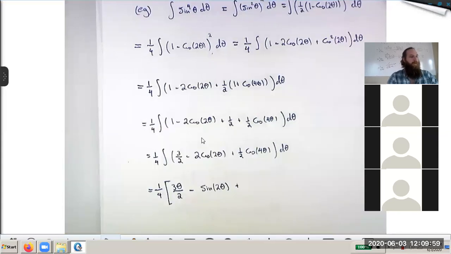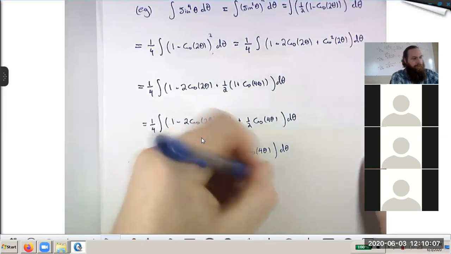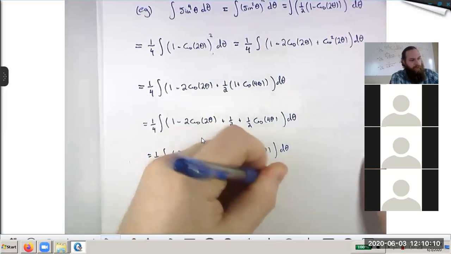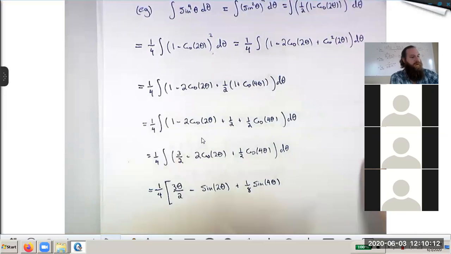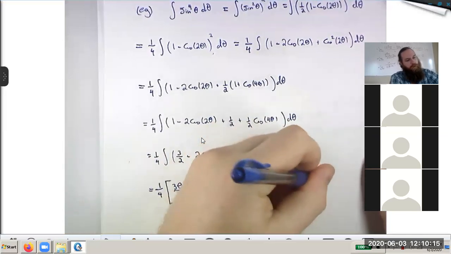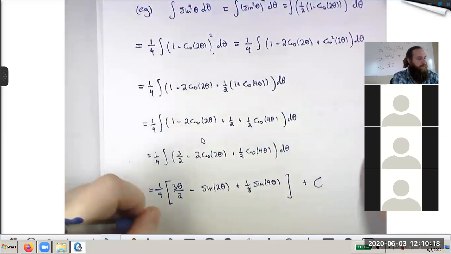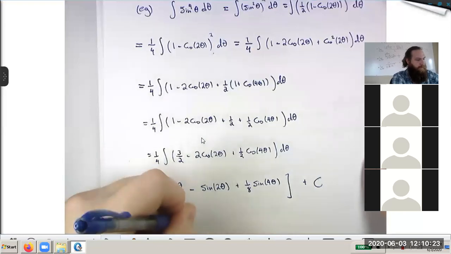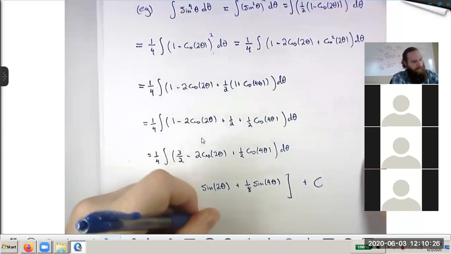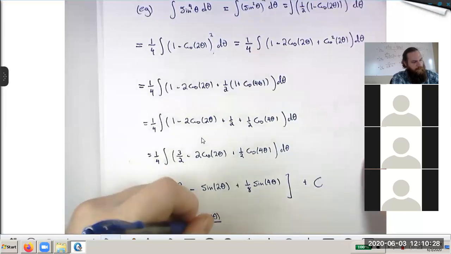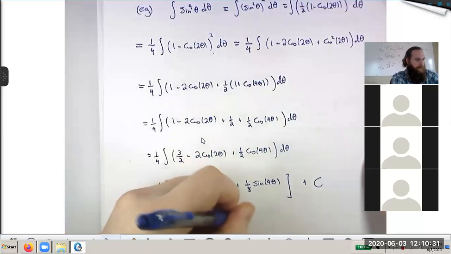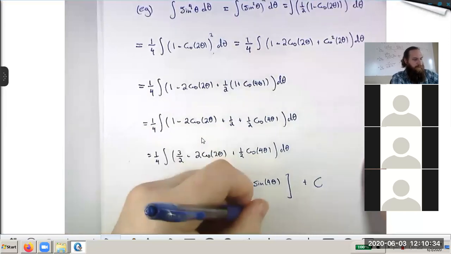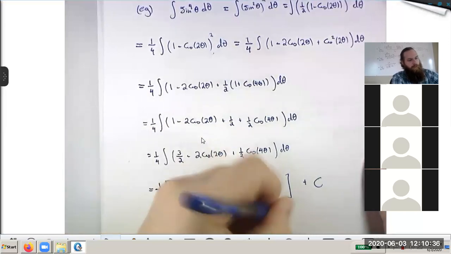Plus cos 4 theta integrates to sine 4 theta over 4. So we'll have plus 1/8 sine 4 theta. And then our plus C. And then lastly, we could distribute the 1/4. Like so.